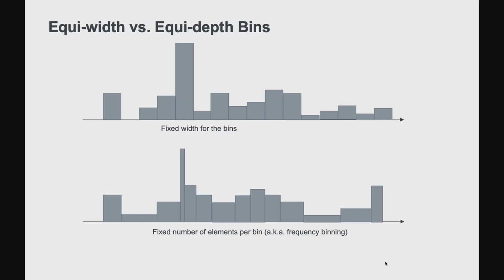So an alternative then is to adapt the bins and to say, in those areas where there are many values, I make small bins, small in terms of the size of the values, how they differ.